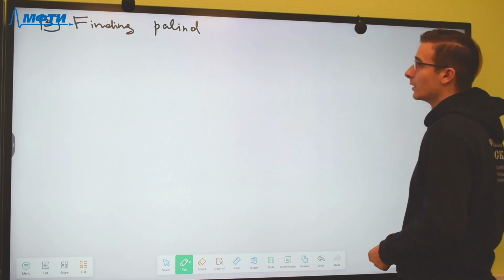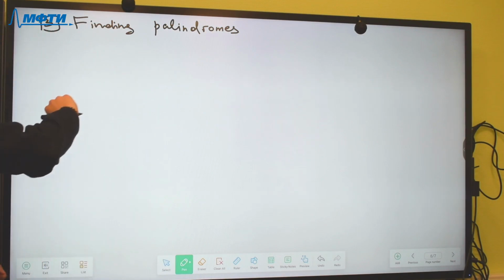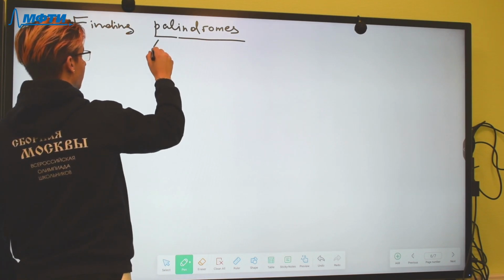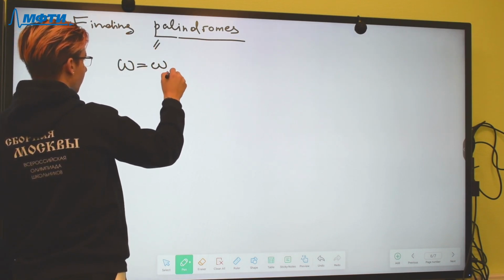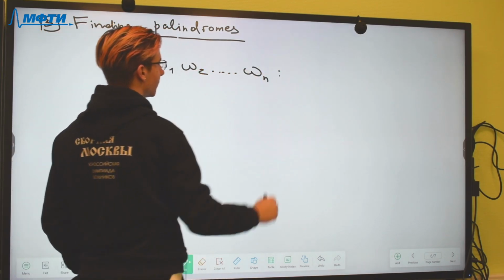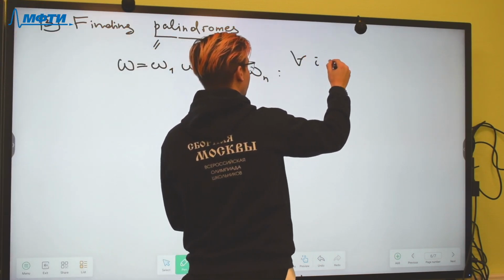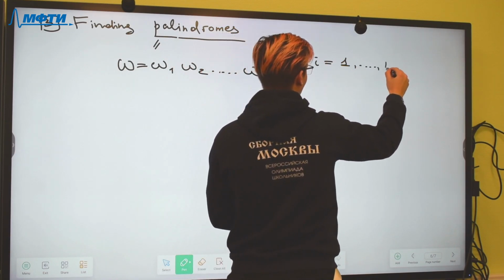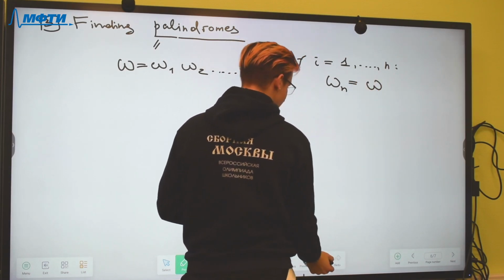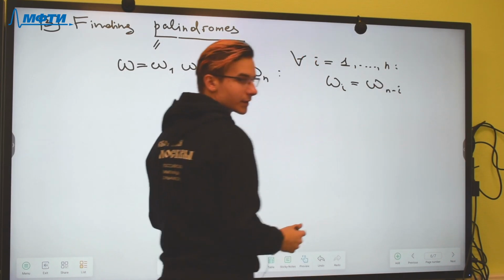So, about finding palindromes. As I say, we say that a word is a palindrome if for all i from 1 to n, this character is equal to this character.